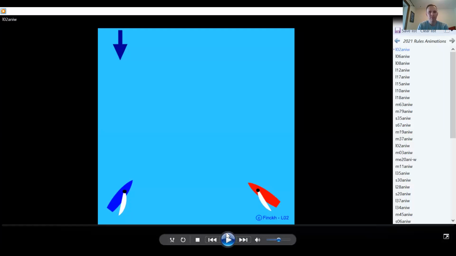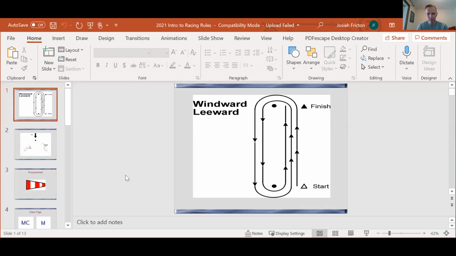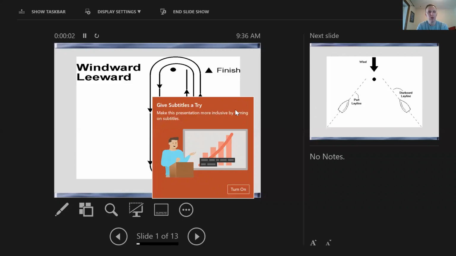Okay. Can everyone see this Windward Leeward course? Mm-hmm. You're in presentation mode, so you might want to just go to the plain one where you don't see the screen coming up. Yeah. Does that make sense?